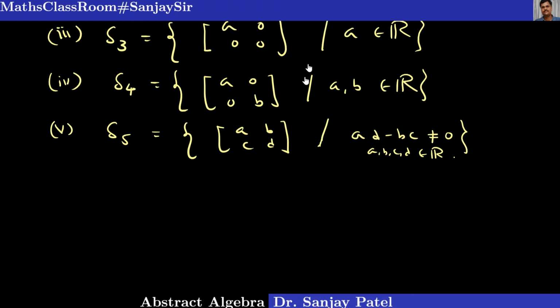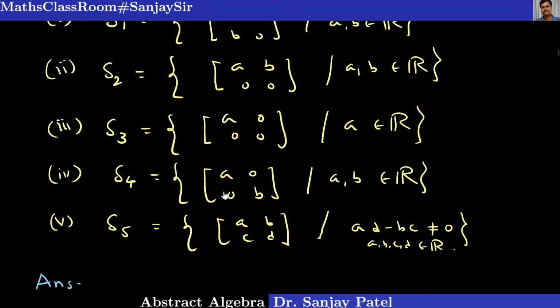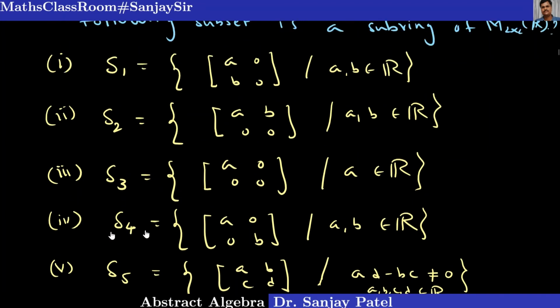Okay, so for this problem, I am just telling you that I am going to prove one or two out of these, and the remaining you can do on your own. So let me prove, for example, this one, and I will discuss this problem.